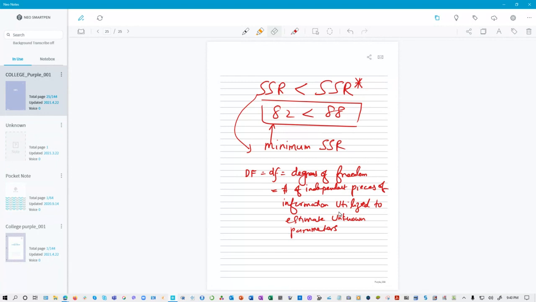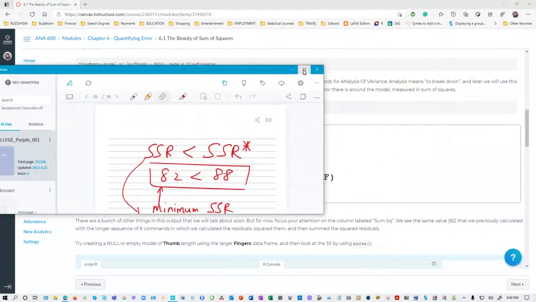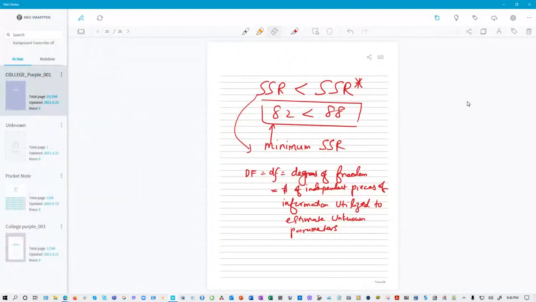When you estimate, the number of pieces of independent information you have in your hand is called the degrees of freedom. Here, degrees of freedom is 5. How do you calculate it? It's calculated this way: N, the sample size, minus the number of parameters to be estimated.